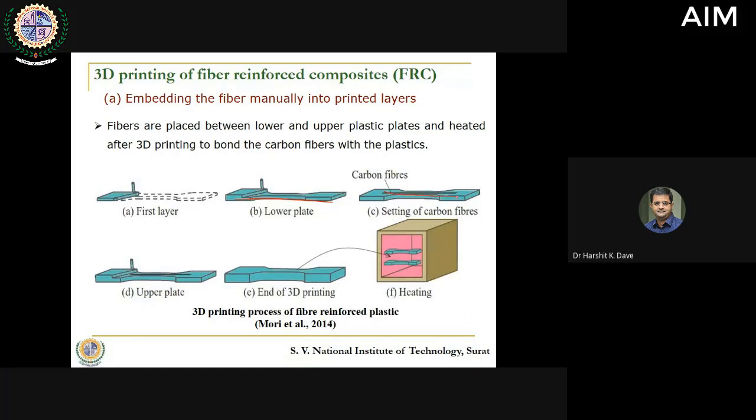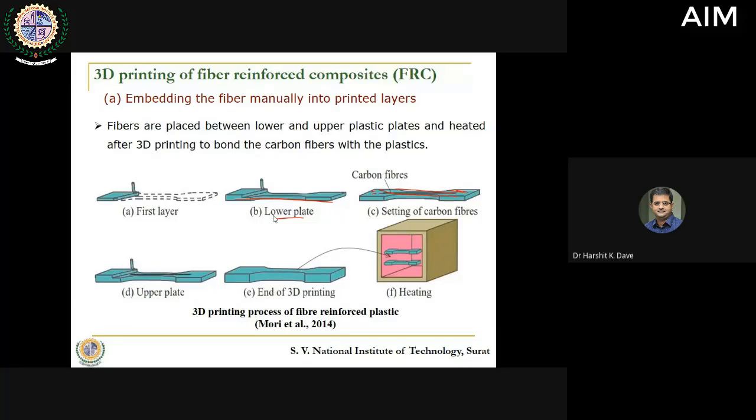Immediately after this is printed, we may place continuous fibers, or we may spread short fibers, maybe in proper alignment or maybe in an unaligned fashion, whatever we wish to study. But we lay the fiber on this layer, which is right now mentioned as a lower plate, and this is done before this layer gets fully solidified.